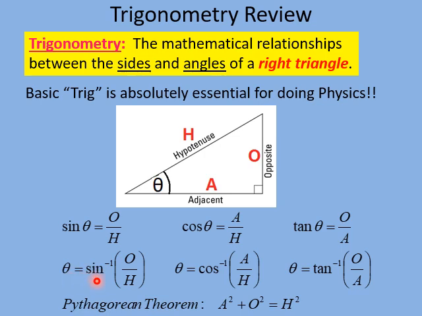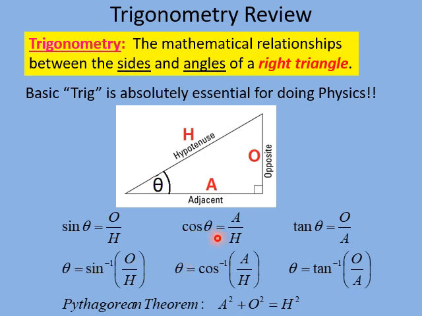Theta is equal to the inverse sine of the opposite over the hypotenuse. This inverse sine, sine to the -1, is also called the arc sine. Depending on your calculator, there will be a button that either says sine with a little -1 up there, which means the inverse sine function, or your calculator may actually say arc sine, A-R-C-S-I-N.